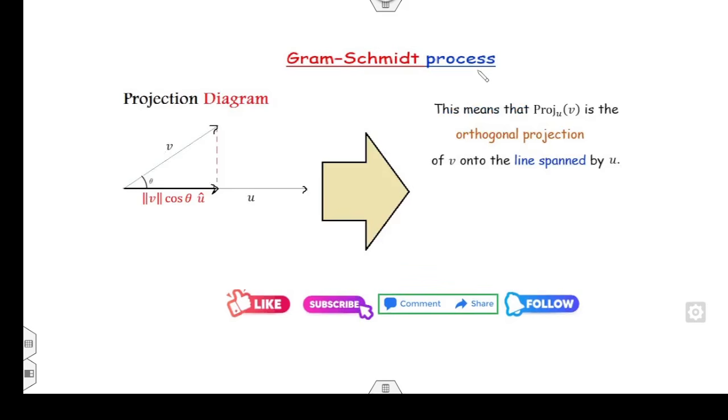Or in other words, because this is my perpendicular, the projection of v is the orthogonal projection of the vector v on the vector u. Remember students, what will happen if your u is 0? That means there is no line. So if there is no vector, then what is the projection of v on u? It is considered the 0 vector.